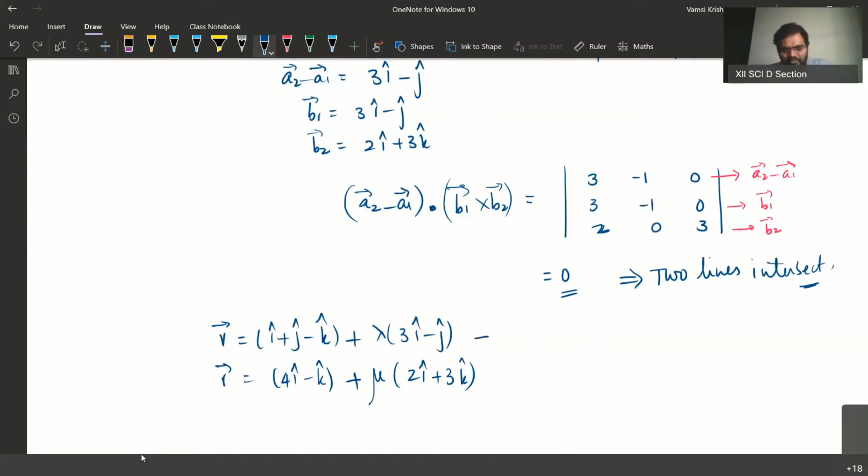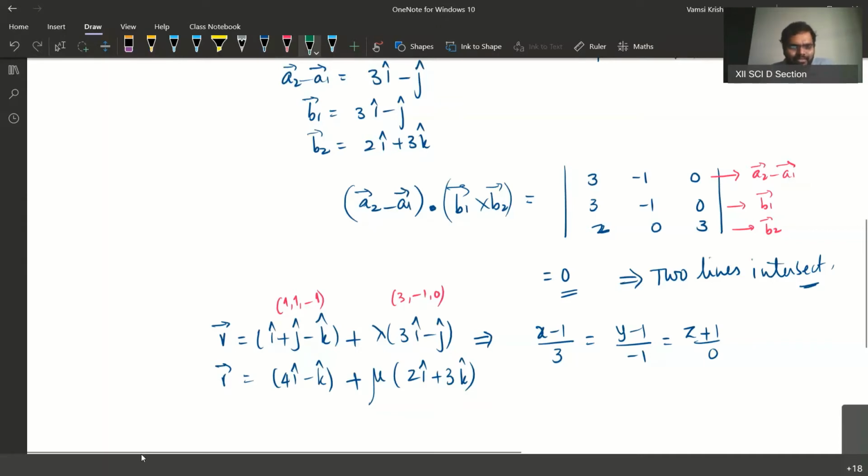The Cartesian form for the first line is (x minus 1)/3 = (y minus 1)/(minus 1) = (z plus 1)/0. Now, how did I write this? The first line passes through (1, 1, minus 1), which has direction ratios 3, minus 1, 0. The second line, on the other hand, passes through (4, 0, minus 1), and has direction ratios 2, 0, 3.